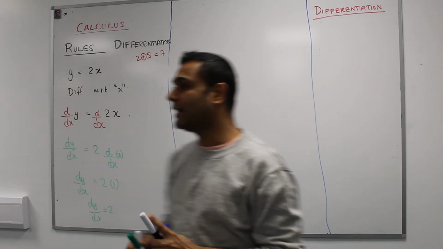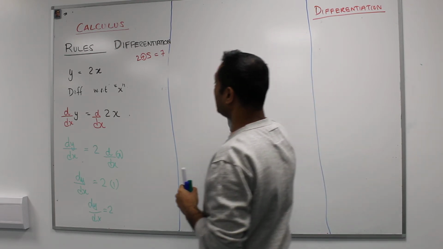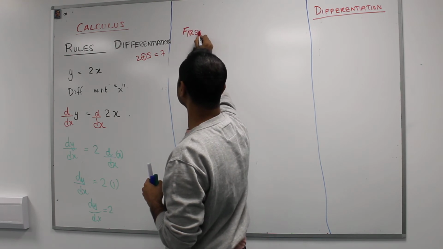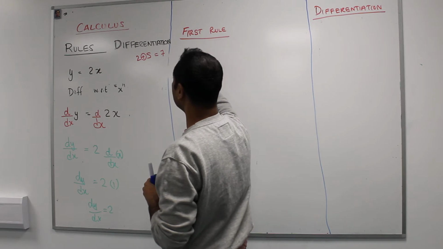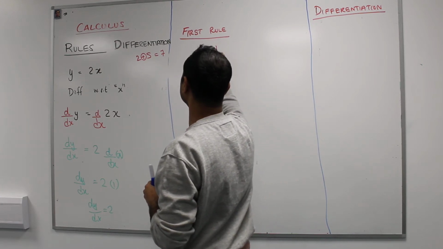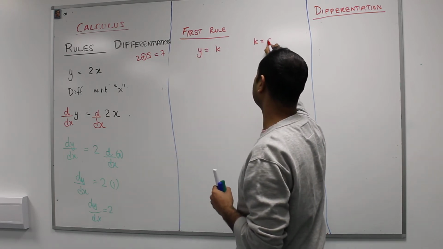Now let's have a look at some rules for differentiation. The first rule: let's say I want y equals k, where k is any constant.